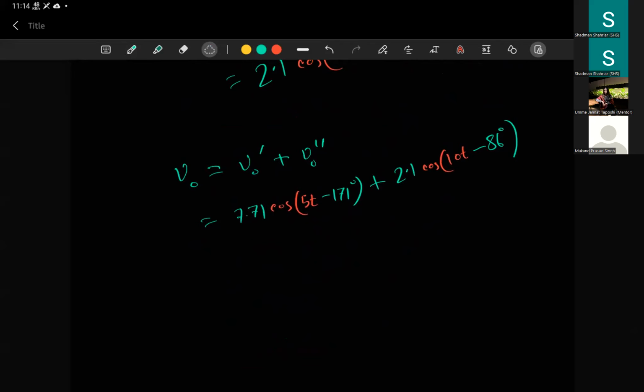The circuit will of course be different, but it will be easily solvable, and you'll never have more than 2 voltage sources. Or 2 omegas, I think I should say. You'll never have more than 2 omegas, so that you don't have to do more than 2 superpositions.